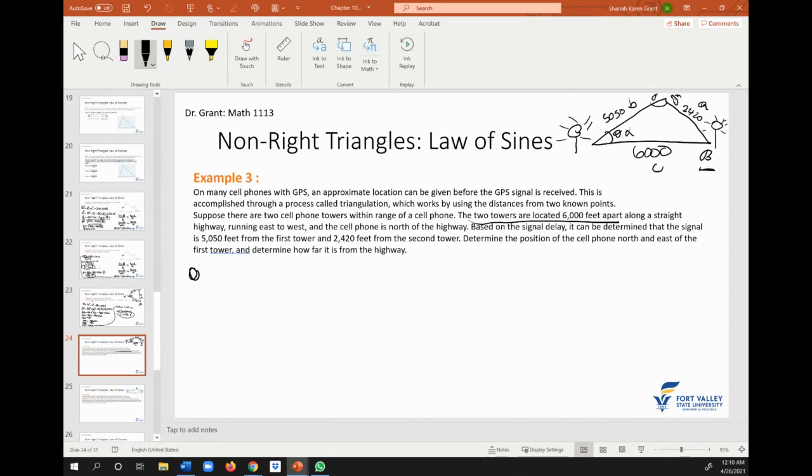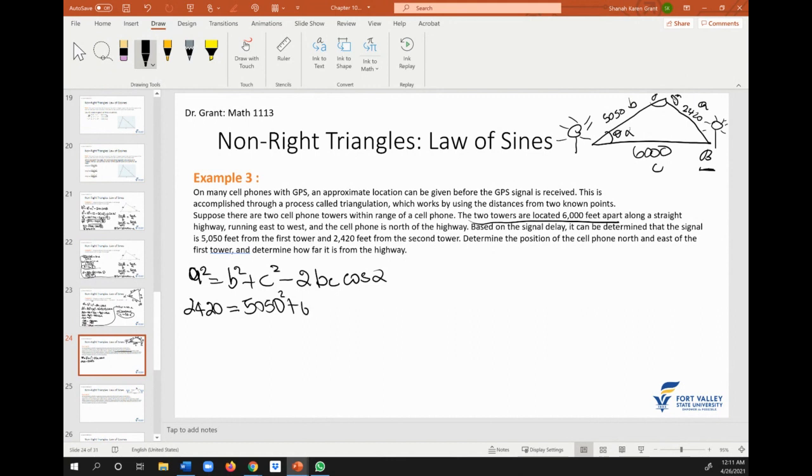So I'm using my relationship: A squared equals B squared plus C squared minus 2BC cosine alpha. And alpha is the angle we're looking for. So in this instance, A is 2420. B, based on my label, is 5050.